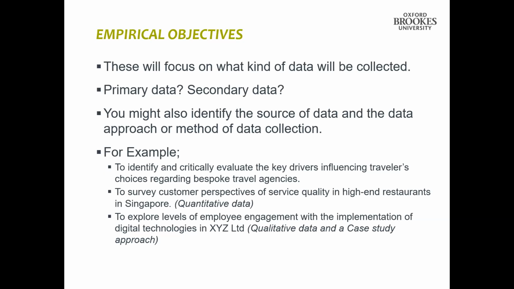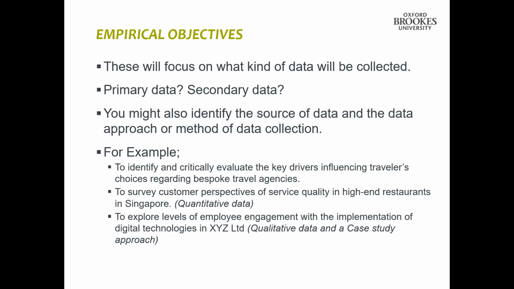So what are we asking here? We're saying that we need to collect data regarding what is driving the choices that travelers make in the context of bespoke travel agencies. And you might like to think about that.